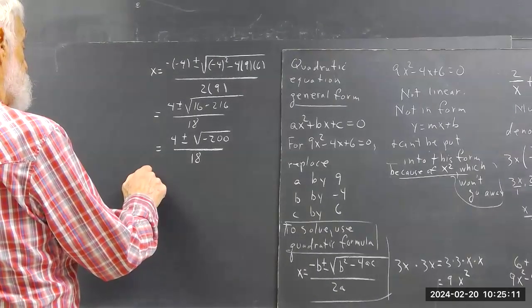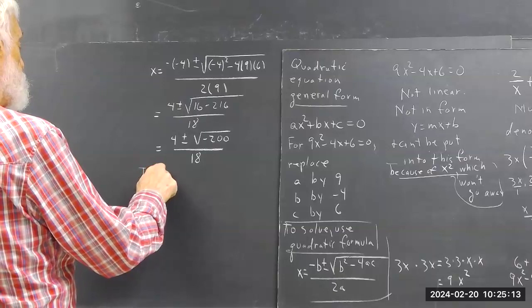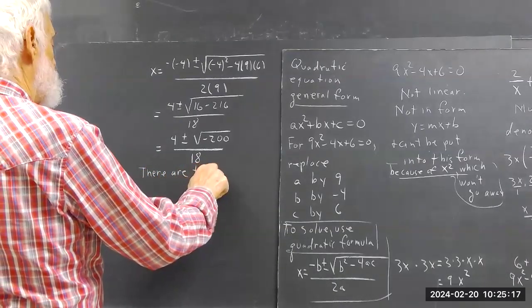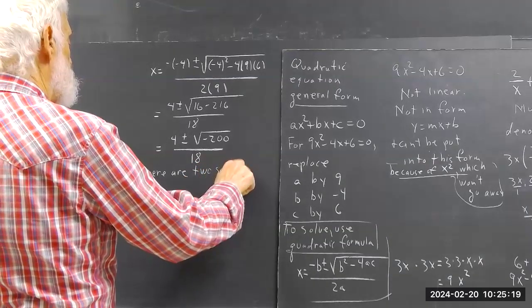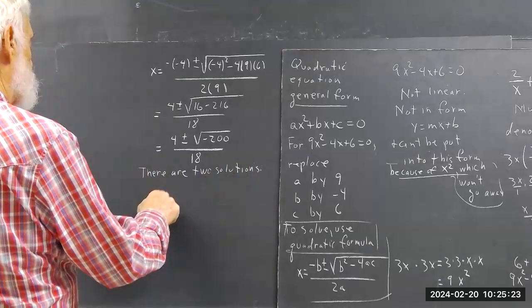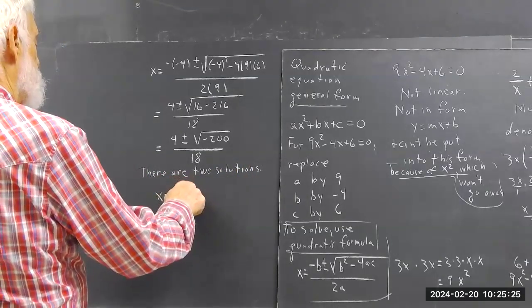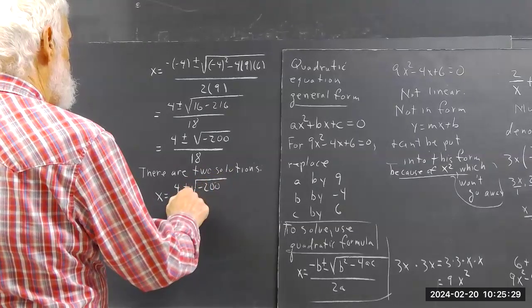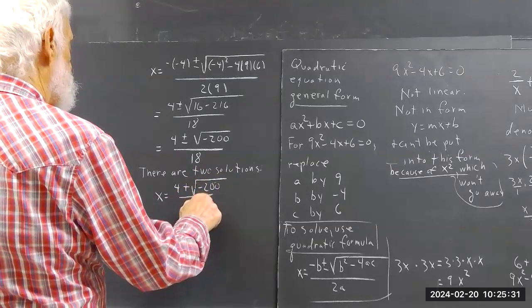So there are two solutions. X equals 4 plus the square root of negative 200 over 18.